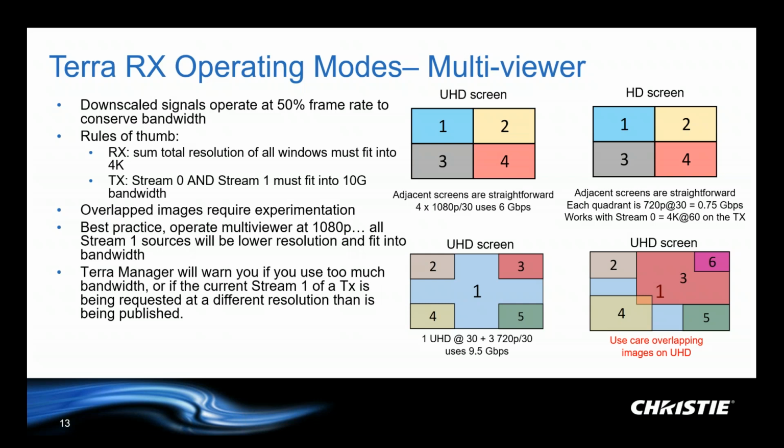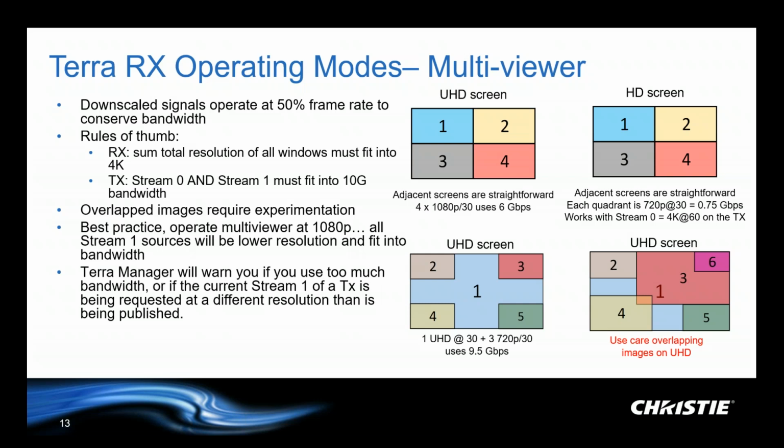So in these examples on the screen, on the top left, you've got a UHD screen, 3840 by 2160, and we're using 1080p sources at 30, which takes up 6 gigabytes. So that should work, so long as the sources can handle it.